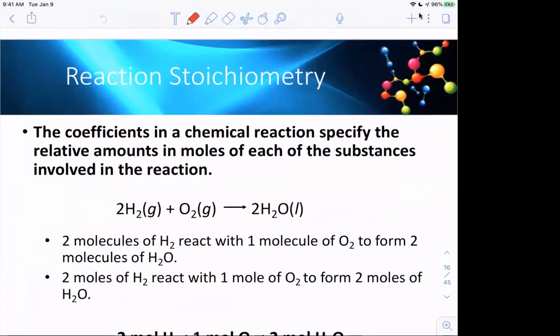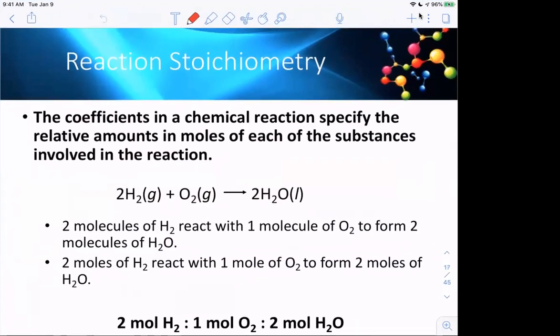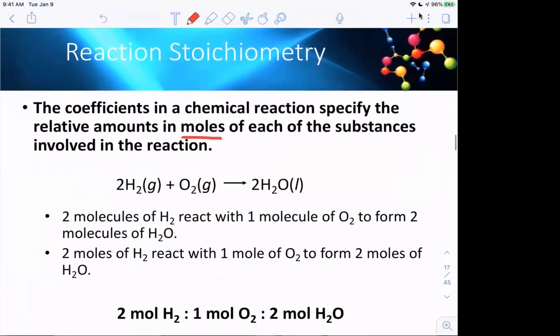Okay, so we were just talking about how the coefficients in a chemical reaction specify the relative amounts in moles of each of the substances. There were two ways that I could read this equation.